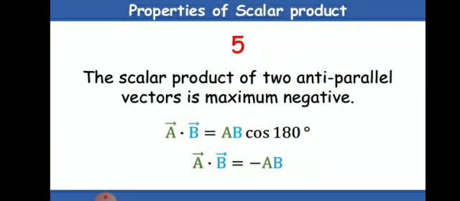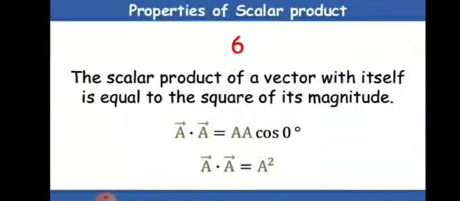Anti-parallel vectors means they are in opposite directions. Vector A dot vector B is equal to AB cos 180 degrees. The cos 180 degree value is minus 1. Therefore, vector A dot vector B is equal to minus AB.